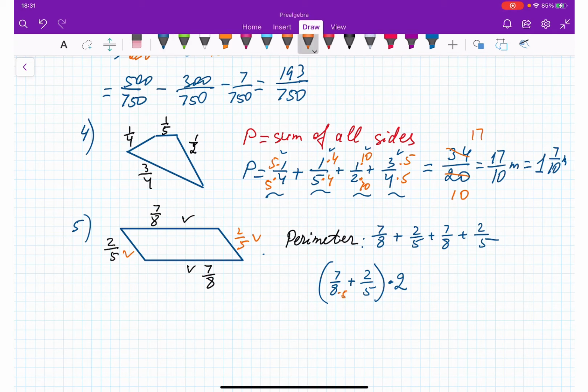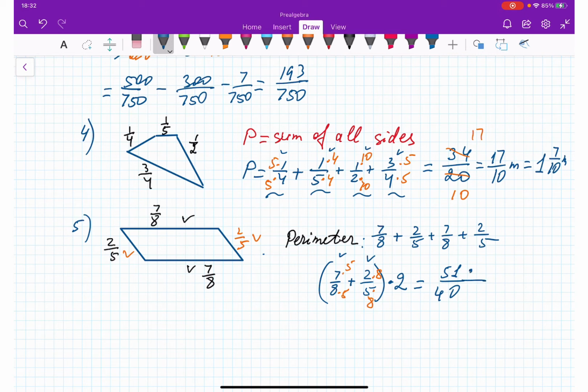Times 5 here, times 8 here. And the result is going to be over 40. So 35 plus 16, it's going to be 51. 51/40 and times 2.